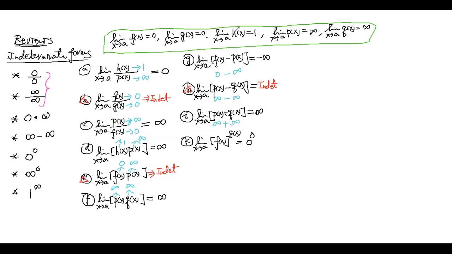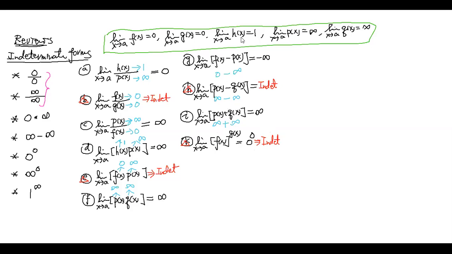So I see 0 to the power of 0. By our definition, this is indeterminate, so I put a triangle here. That means we might need to find a way to solve it.